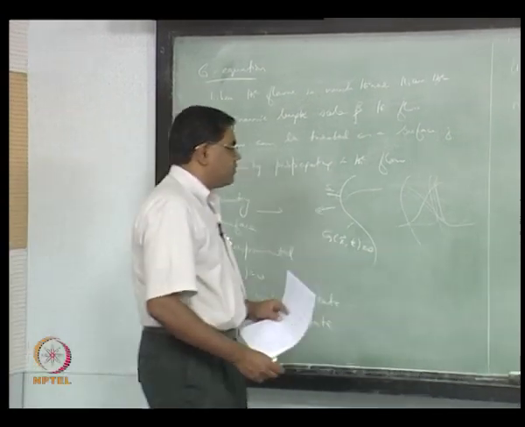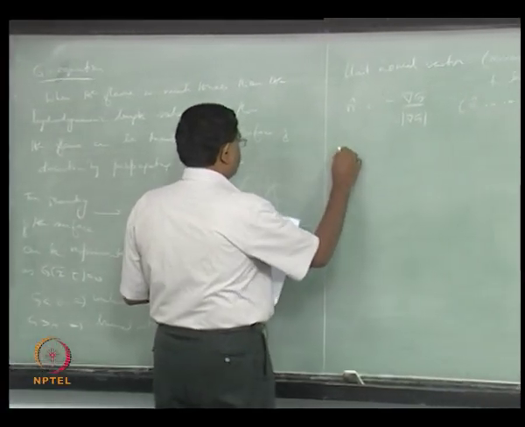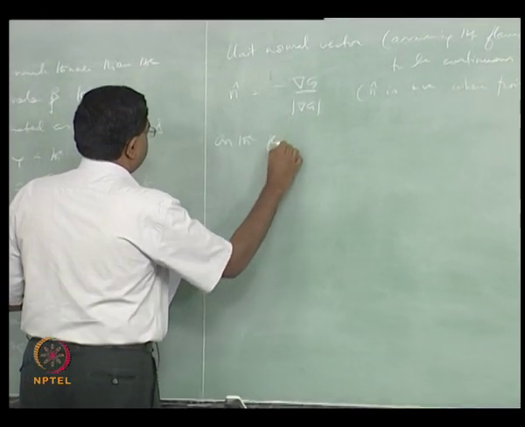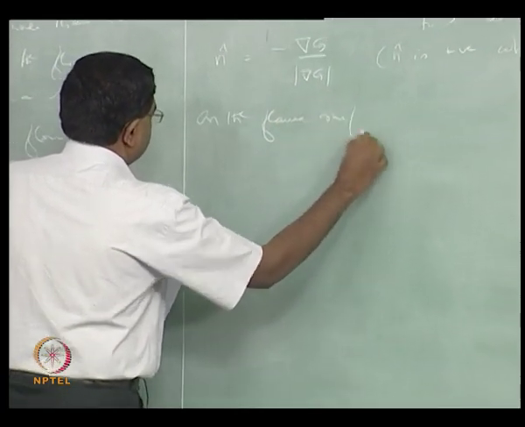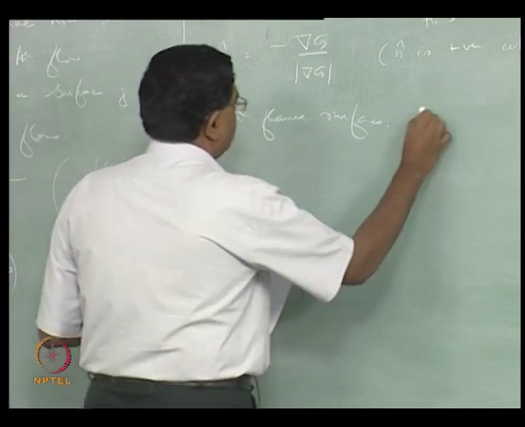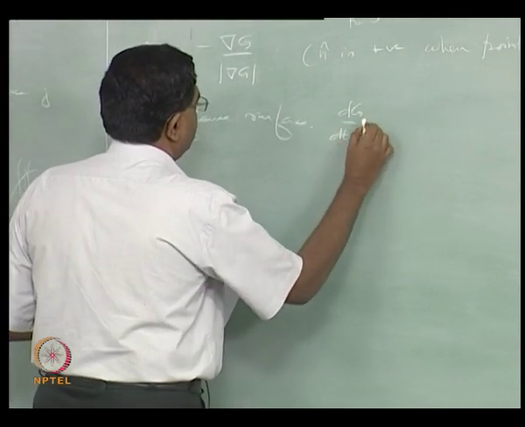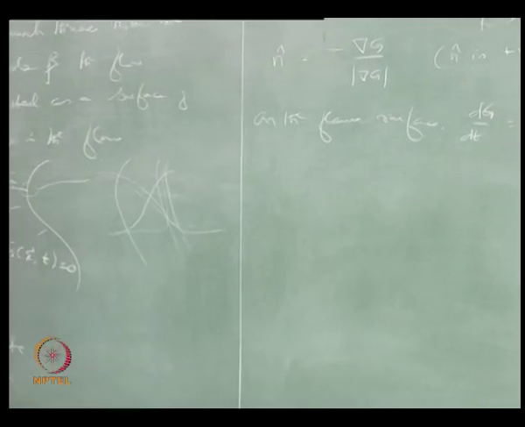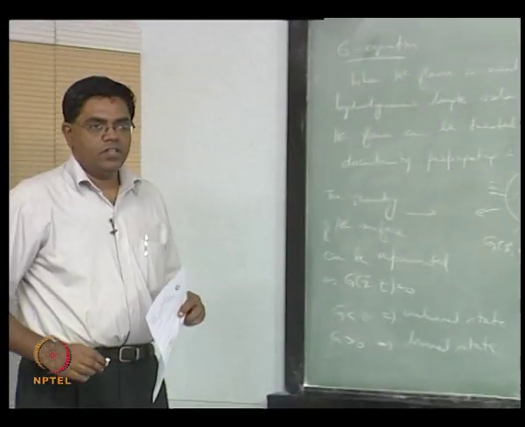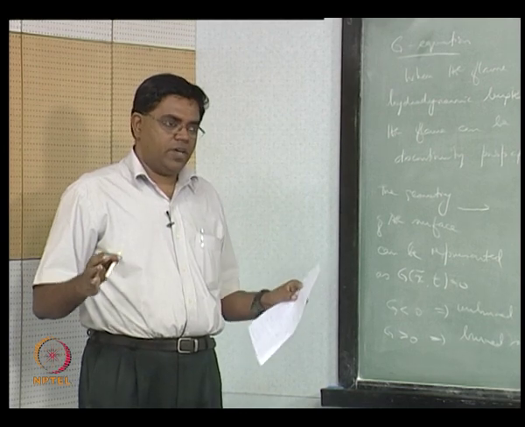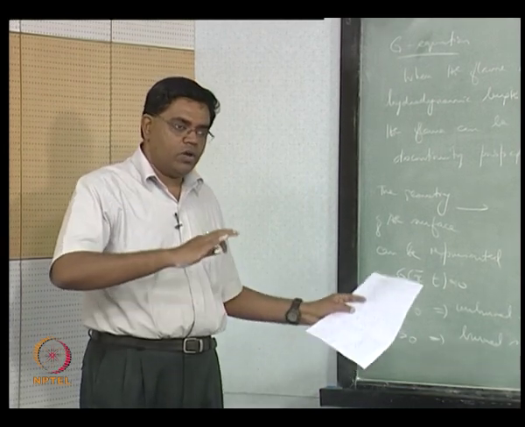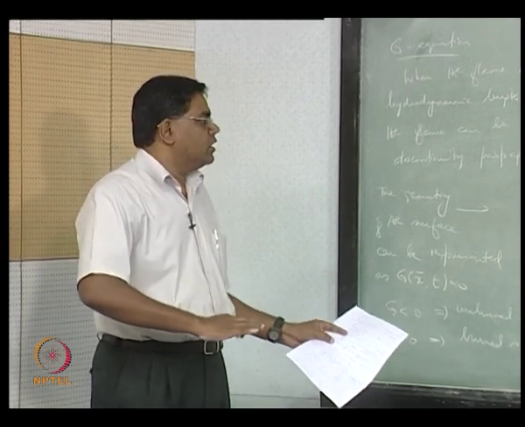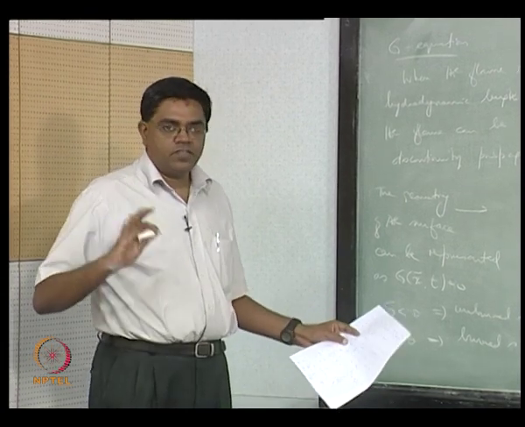So the Lagrangian frame of reference says that on the flame surface, dG over dt equals 0. The reason we use an ordinary derivative is that your space is fixed by the location of the flame. You're on G equal to 0, and the only thing that's varying is time.